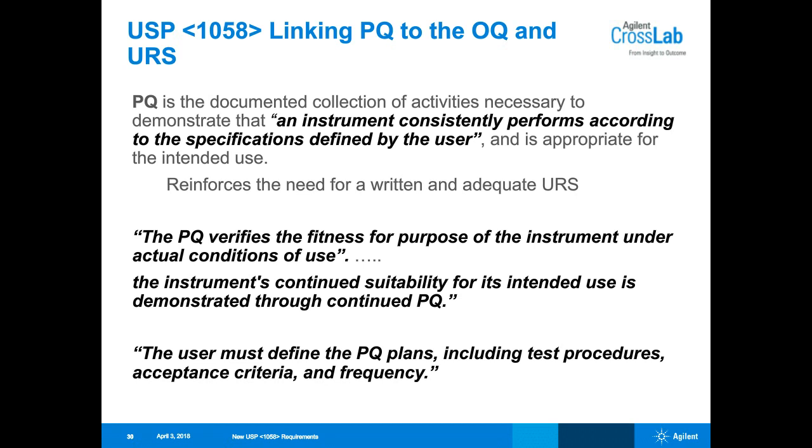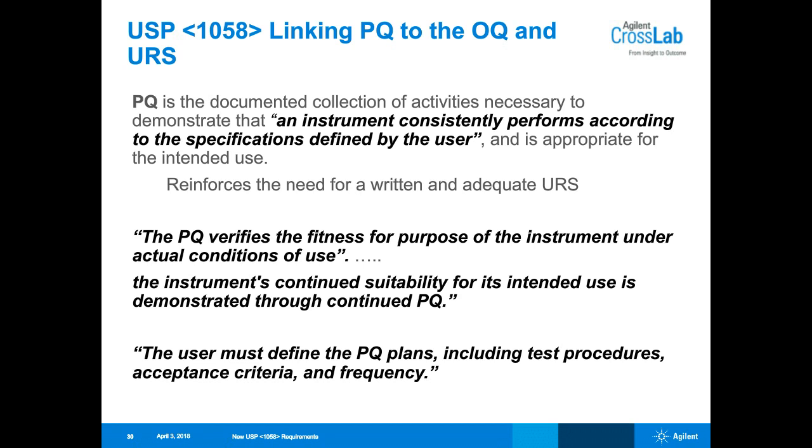And the user must define the PQ plans, including test procedures, acceptance criteria, and frequency. So 1058 pushes back onto you, the user, the requirement to define how you're going to carry out PQ.